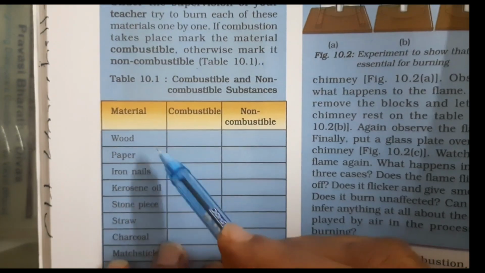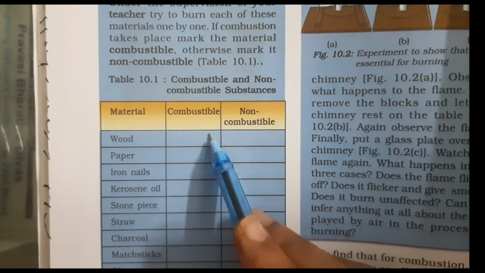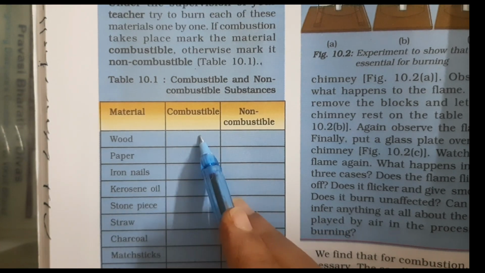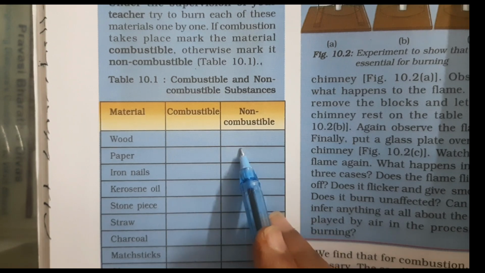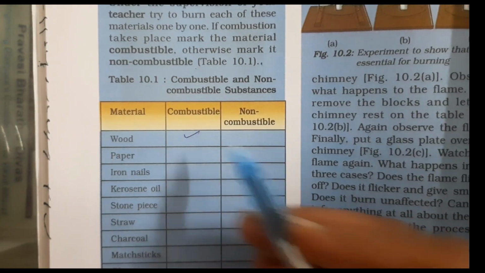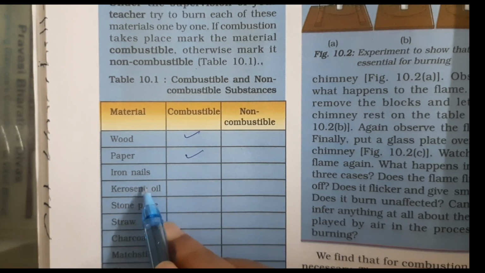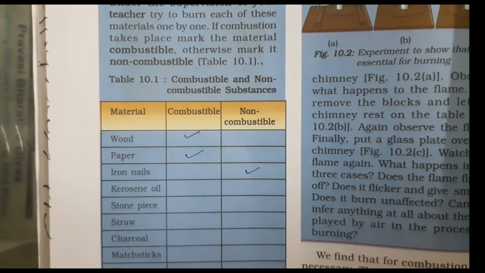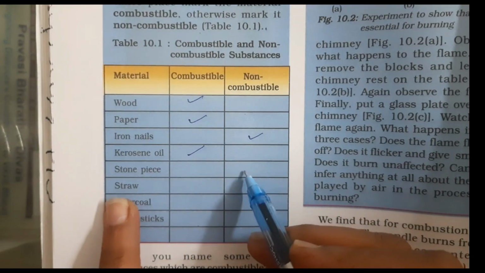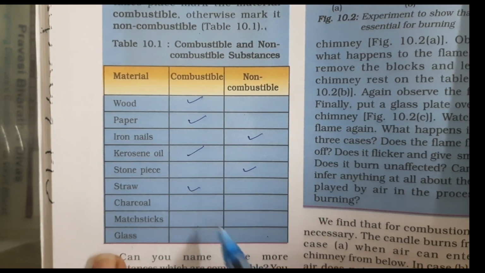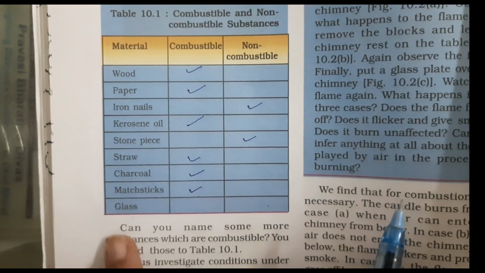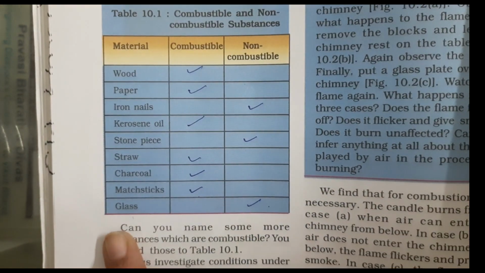So here we collected a few materials and then we are categorizing them as combustible or non-combustible. If they are burning, they are combustible. If they are not burning, non-combustible. In that sense, wood is combustible, paper is combustible, iron nail is non-combustible, kerosene is combustible, stone is non-combustible, straw is combustible, charcoal is combustible, matchstick is combustible, glass is non-combustible.